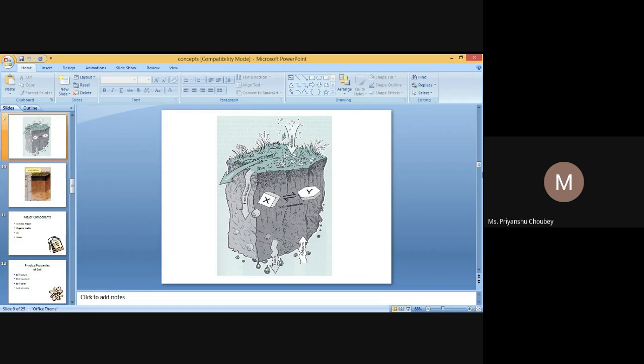The indirect method involves measurement of the size distribution of stable aggregates, or stability of aggregates, or of a soil property which is a function of soil structure. In the indirect method, size distribution of stable aggregates: dry or wet sieving techniques are used for determination of different size stable aggregates.